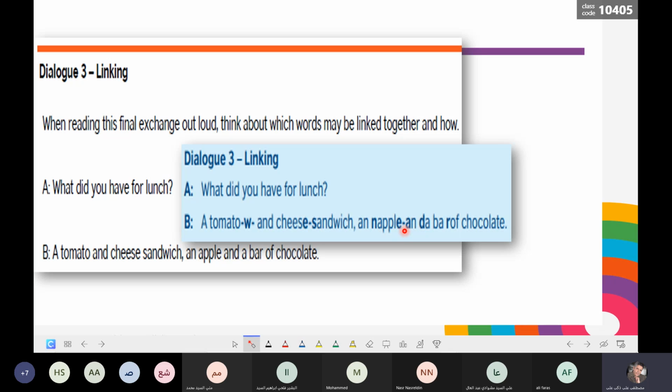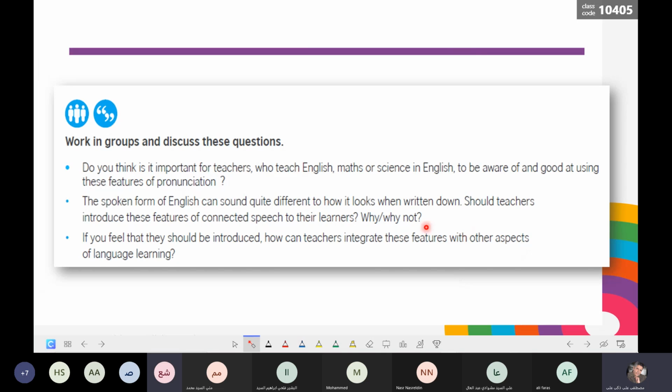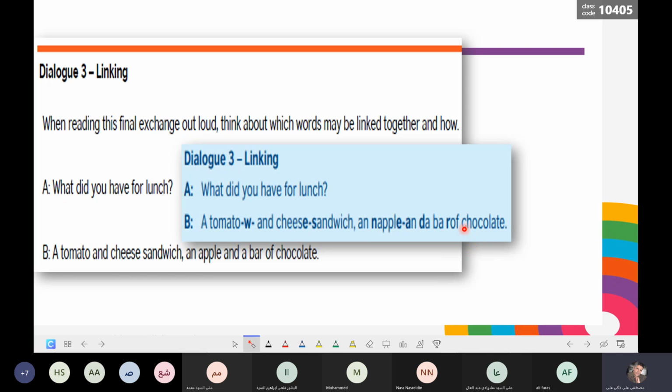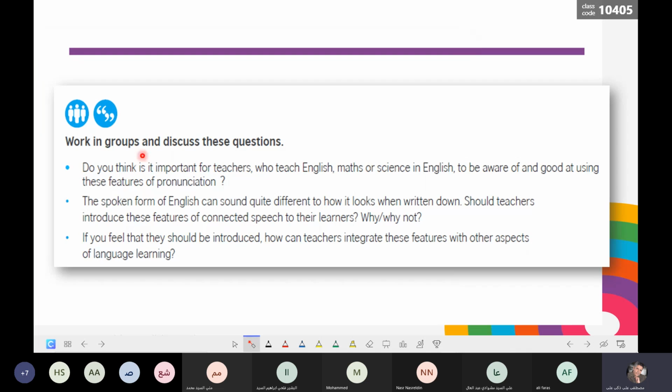Borrow. If the sound R is pronounced in American English, it will be part of borrow. A bar of chocolate, as if it has become one word. A barrel.